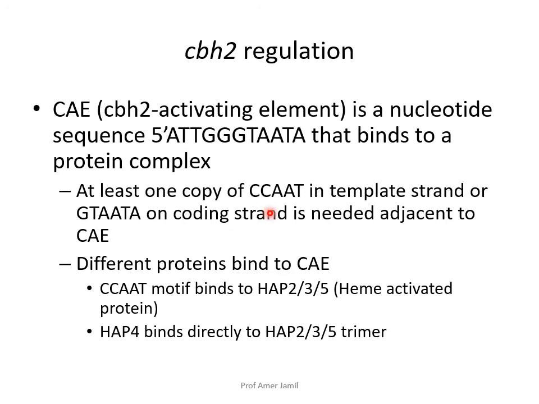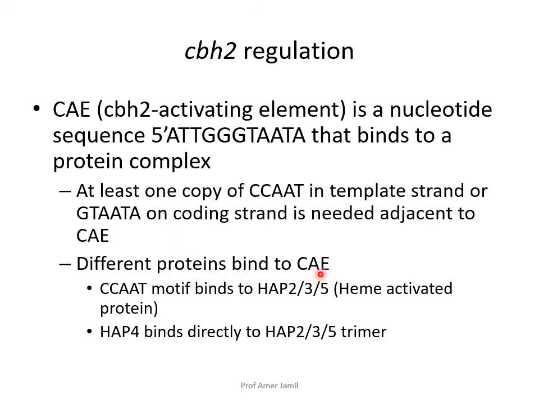You might remember that in my earlier lecture, I discussed CCAAT, a sequence present in the DNA molecule where activator proteins can bind, and this is the same CCAAT site, present in the template strand or its complementary strand in the coding strand, and it is near this CBH2 activating element, which is also a sequence over there.